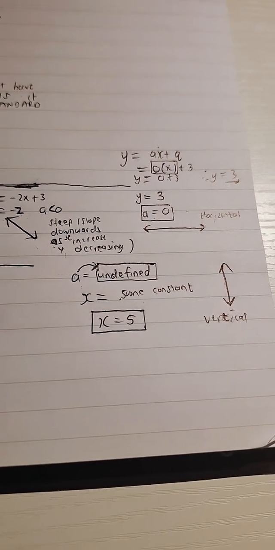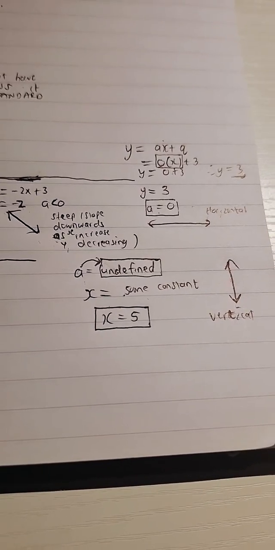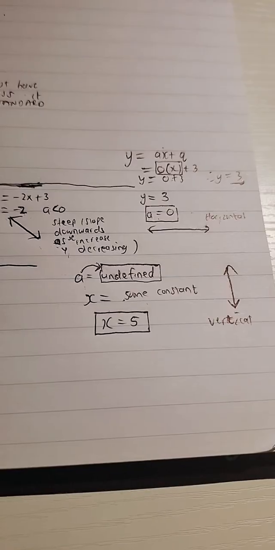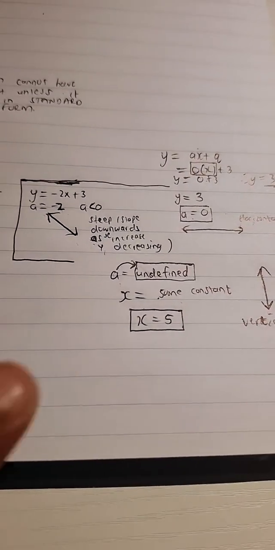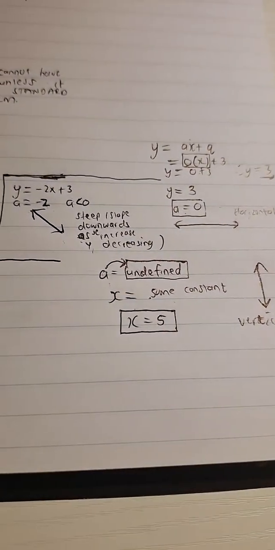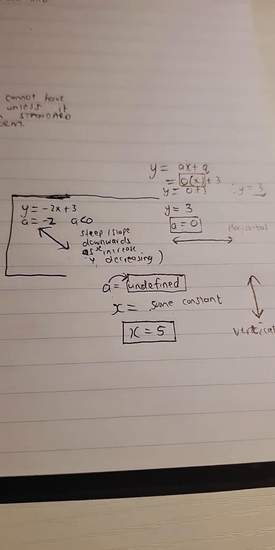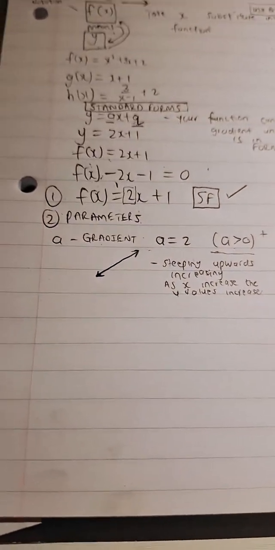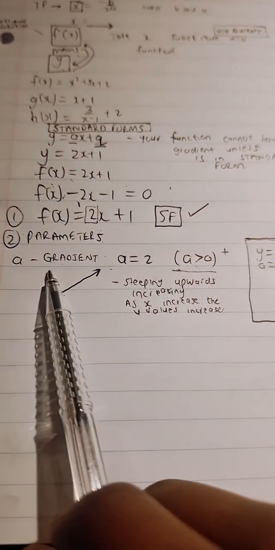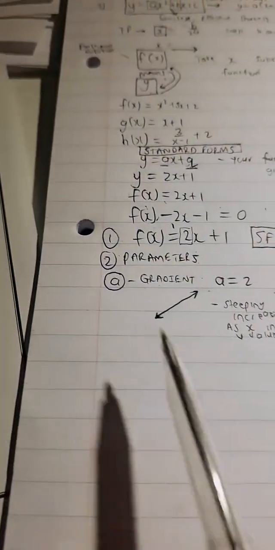And the line is vertical because your gradient is undefined. Okay? I hope we are together here. Right? So this was all unpacking shape, which is step 2.